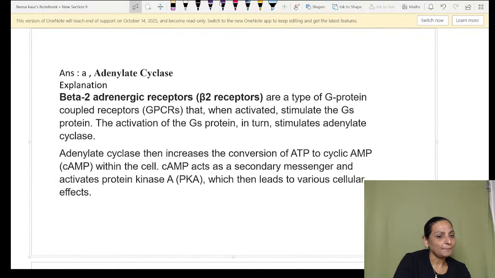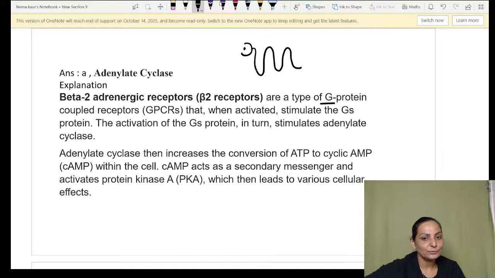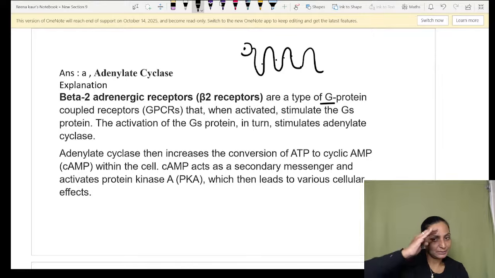Now, beta 2 receptors are a type of G protein coupled receptors. Remember, the G protein receptor is a serpentine, 7 transmembrane spanning protein receptor. It exists in two forms.